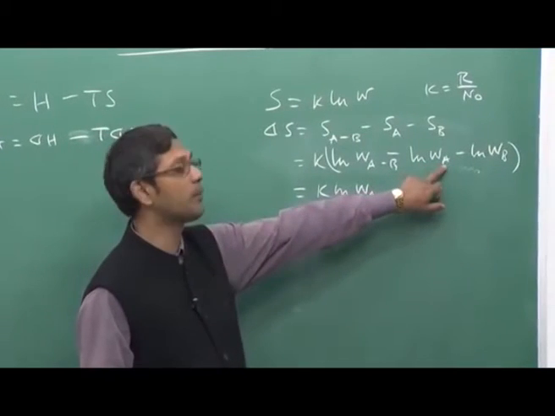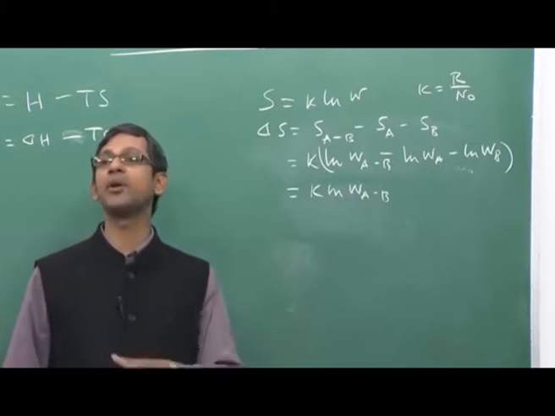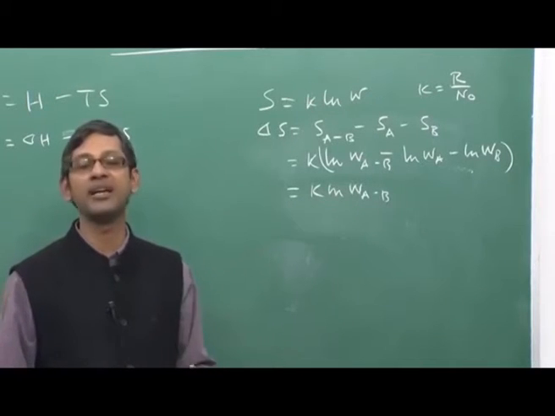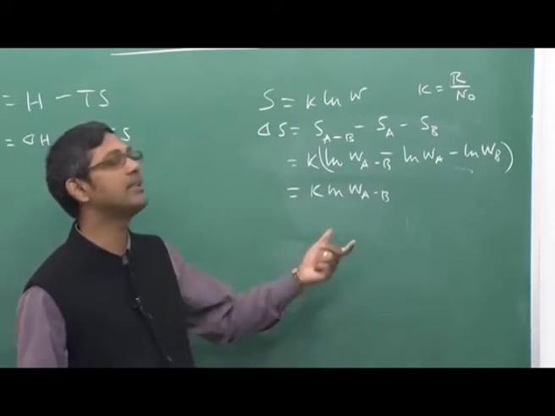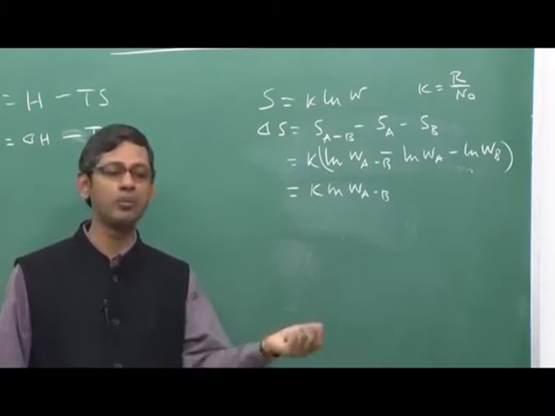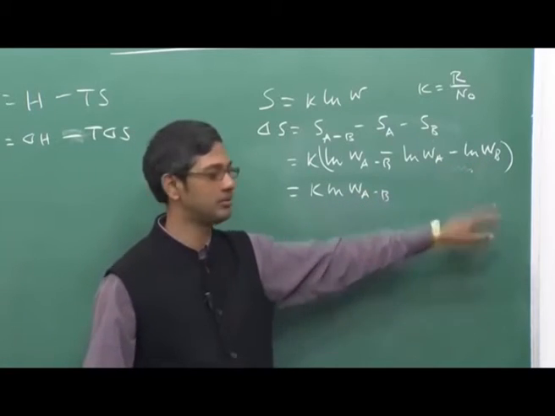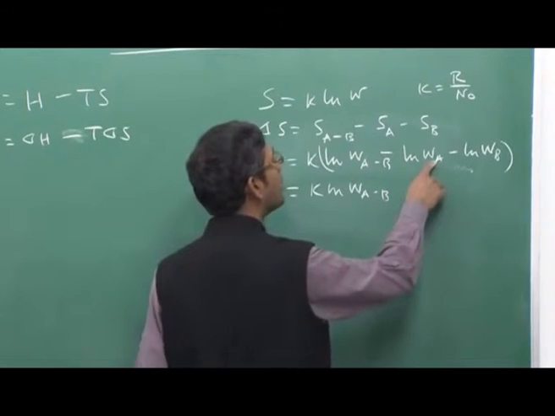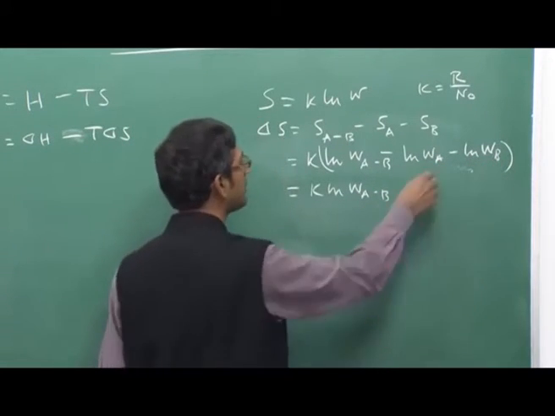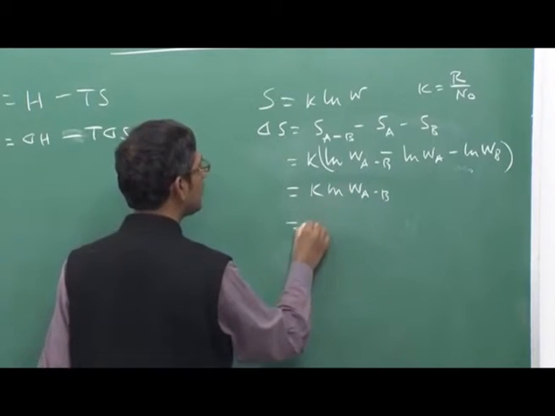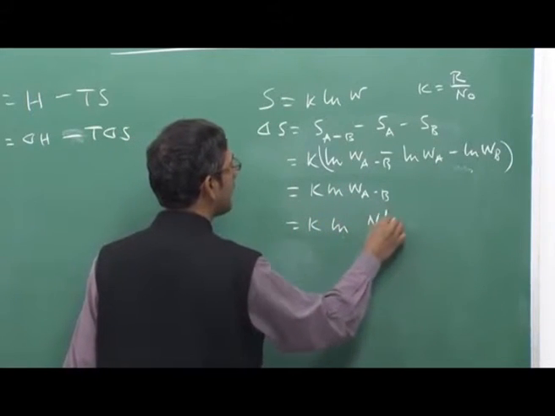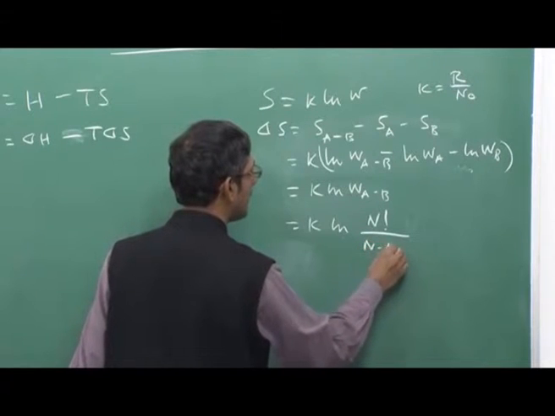If I have only A type atoms, arranging A type atoms in the number of sites, there is only one possibility. You can only put A type atoms, there is no option. Similarly for B also. So log of 1 is 0, log of 1 is 0, and these cancel.